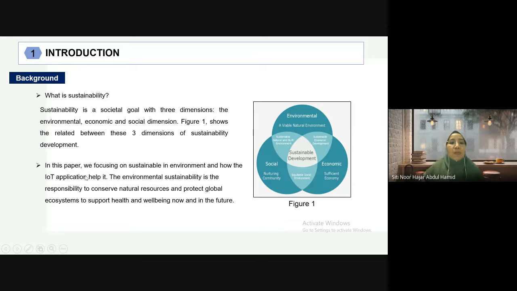In this paper, we are focusing on sustainability in the environment and how IoT applications help it. Environmental sustainability is the responsibility to conserve natural resources and protect the global ecosystem to support health and well-being now and in the future as well.